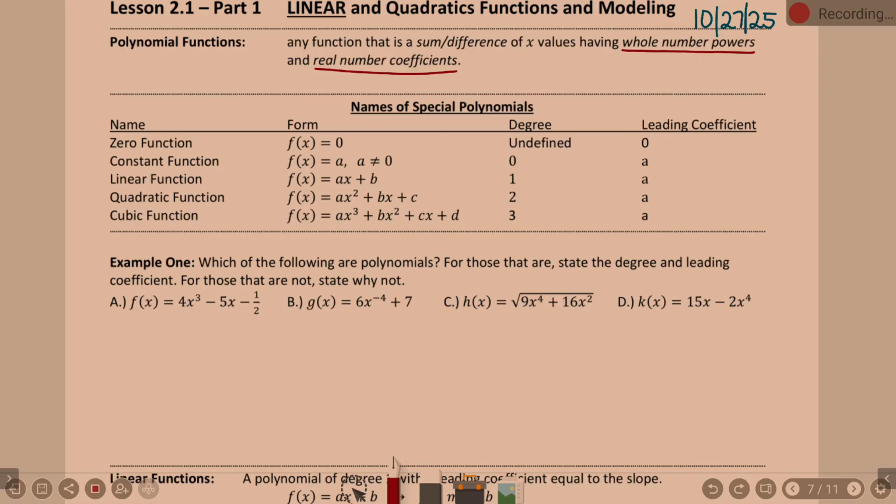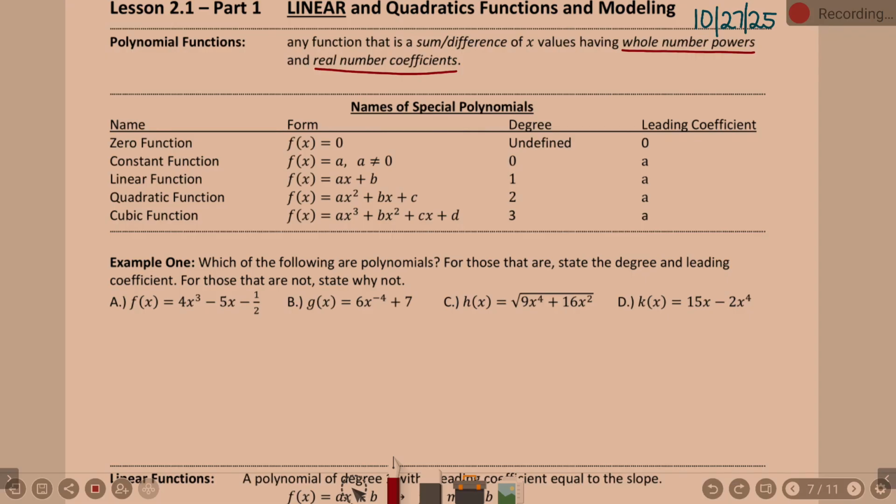And then a special case, this one doesn't come up in algebra: the 0 function. Officially, the 0 function is different from the constant function. It has an undefined degree and no leading coefficient. Now, these examples that we're going to look at, the first question we're going to ask is: is it a polynomial? If it is a polynomial, you're going to be asked to state the degree and leading coefficient.